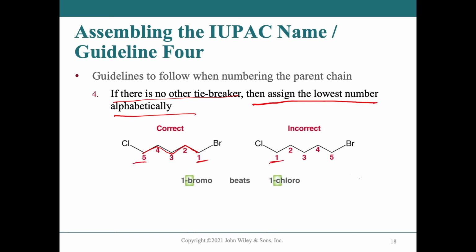And on the other one, the chlorine is on the first carbon, and the bromine is on the fifth carbon. So we're doing this alphabetically. Bromine is before chlorine in the alphabet, so bromo beats chloro. So here you would name it as 1-bromo-5-chloro pentane, because it's 5 carbons long.